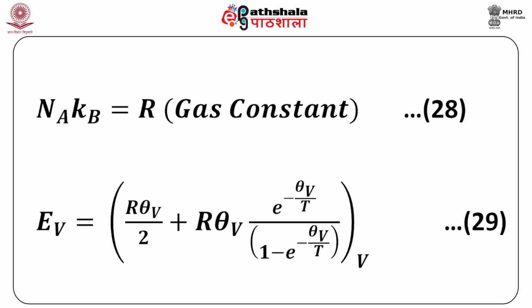Then we will have the final equation for energy, given in equation 29. Ev is equal to R theta v by 2, R is coming because it is per mole now, plus R theta v e to the power minus theta v by T divided by 1 minus e to the power minus theta v by T. So, this is the vibrational contribution to energy.